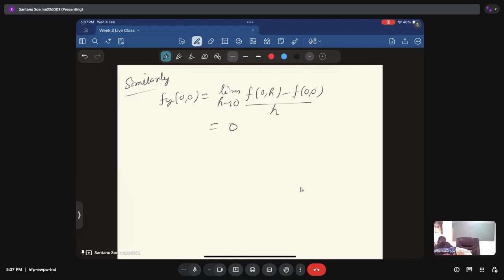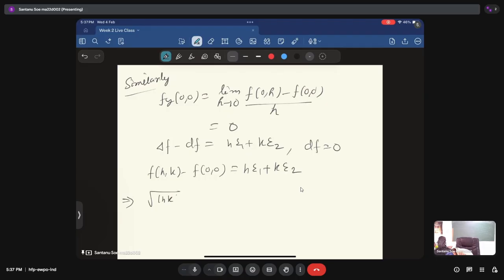So by the basic definition of differentiability, delta f minus df should be h epsilon 1 plus k epsilon 2. And here df is 0. So f(h,k) minus f(0,0) is h epsilon 1 plus k epsilon 2. And this is nothing but square root of modulus of hk equals h epsilon 1 plus k epsilon 2.